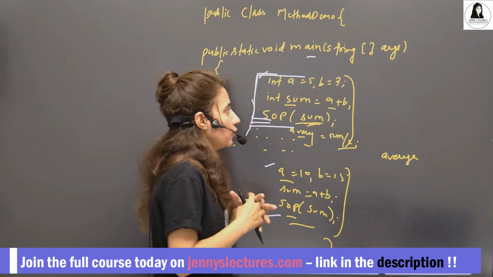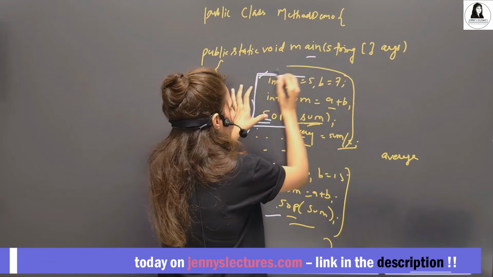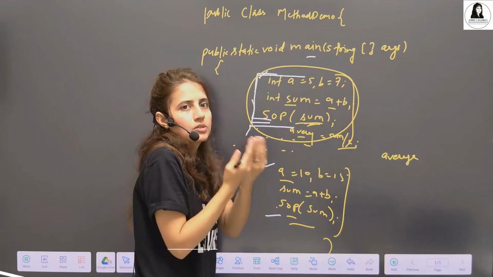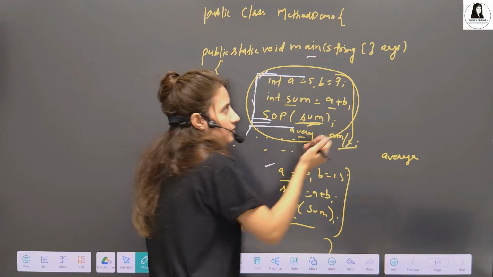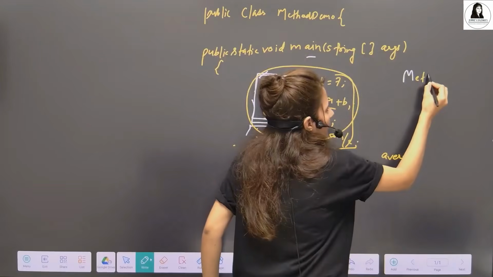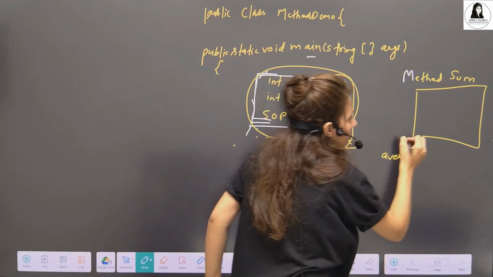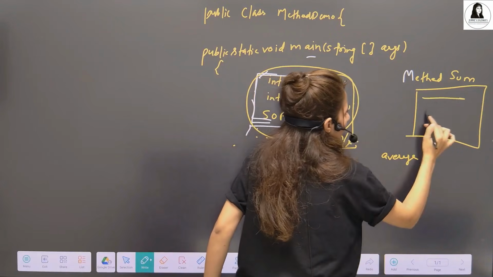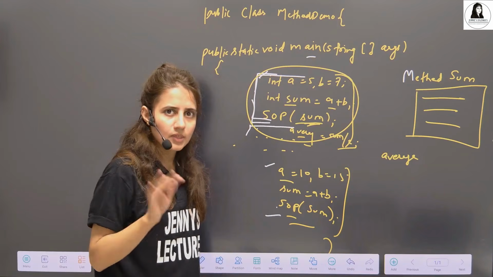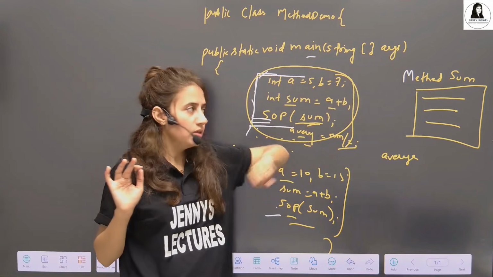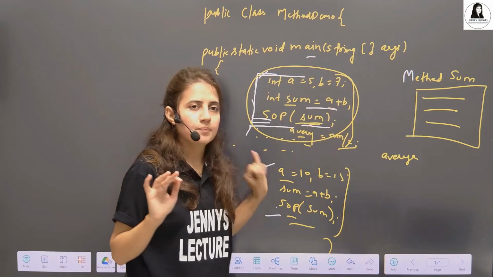What we can do is separate out the code to find the sum in a method. Suppose there is a method sum. I'll show you the syntax also. And in this block, I have written all these three lines.